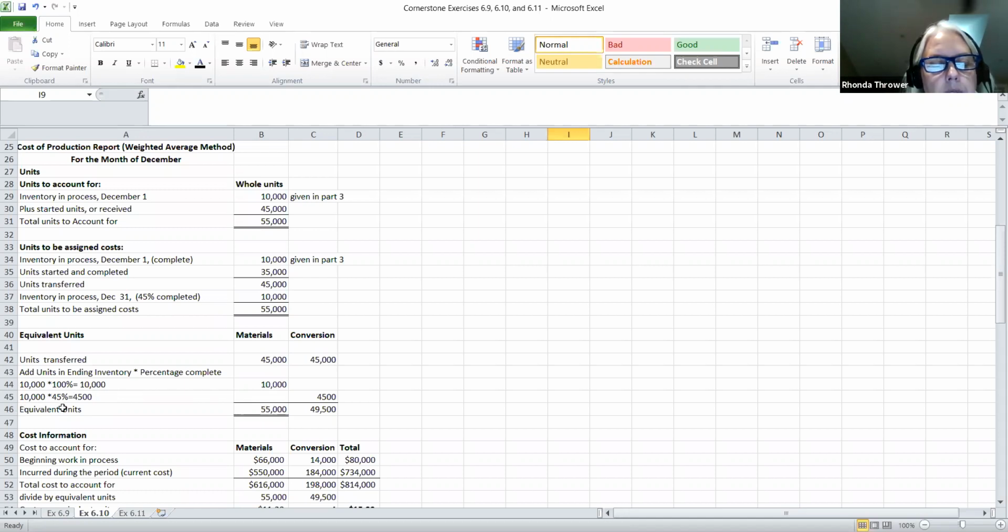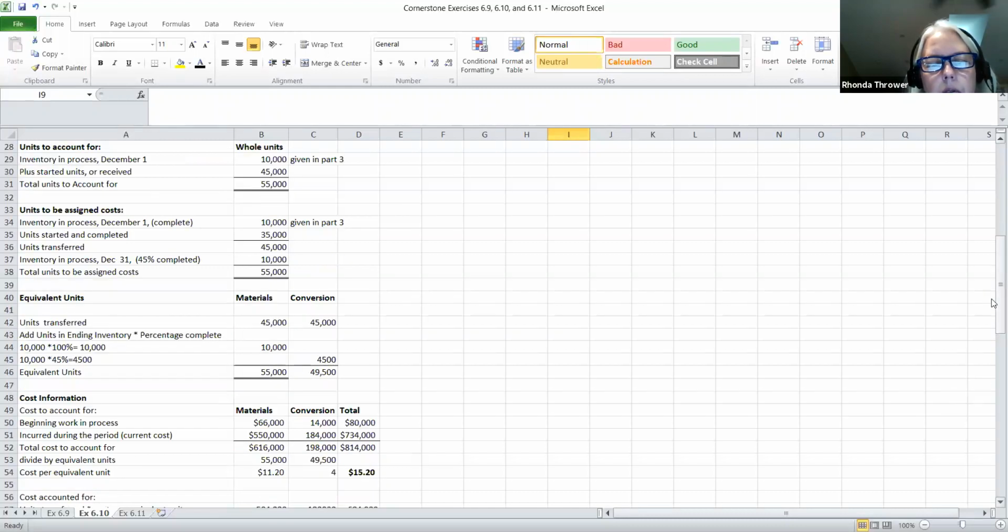And the 10,000 times the 45% that was not completed with respect to conversion is how we get the 4,500 here. The two of these combined give you the equivalent units. This is materials equivalent units, and this is conversion equivalent units.